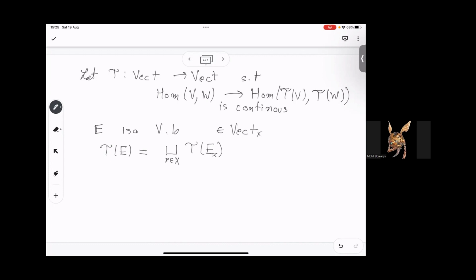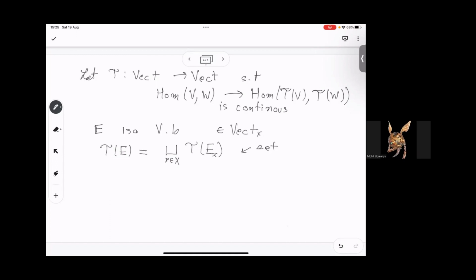For the moment, people should think of T as being something concrete, maybe dual. So we're saying just take the dual of every one of the vector spaces in the fibers, and take the disjoint union. So this is the set.